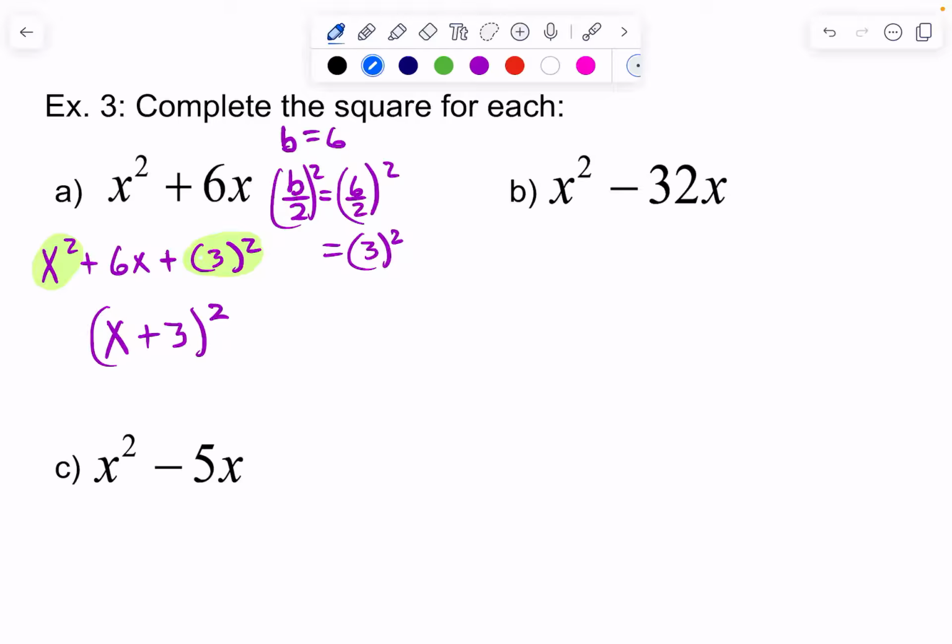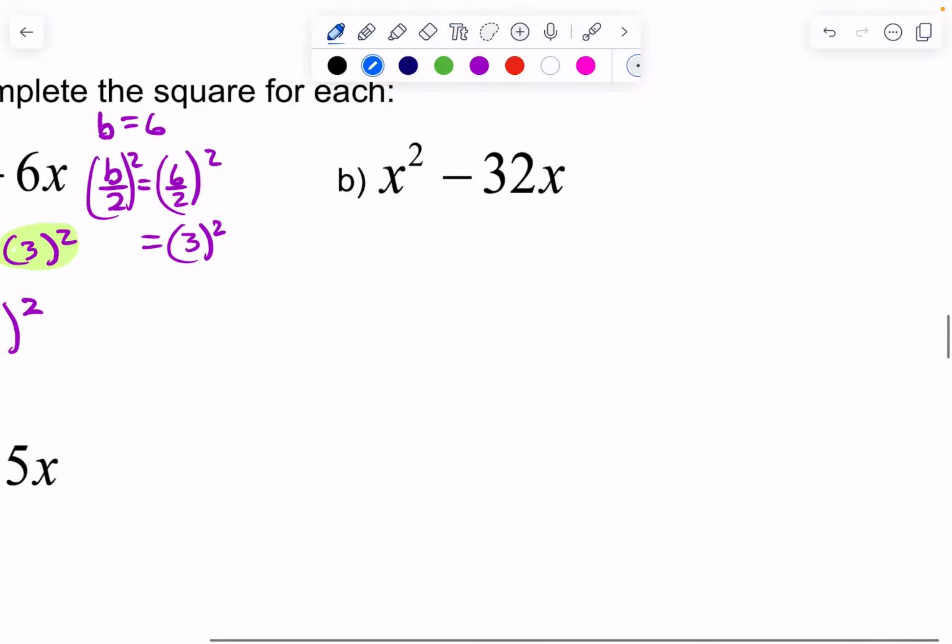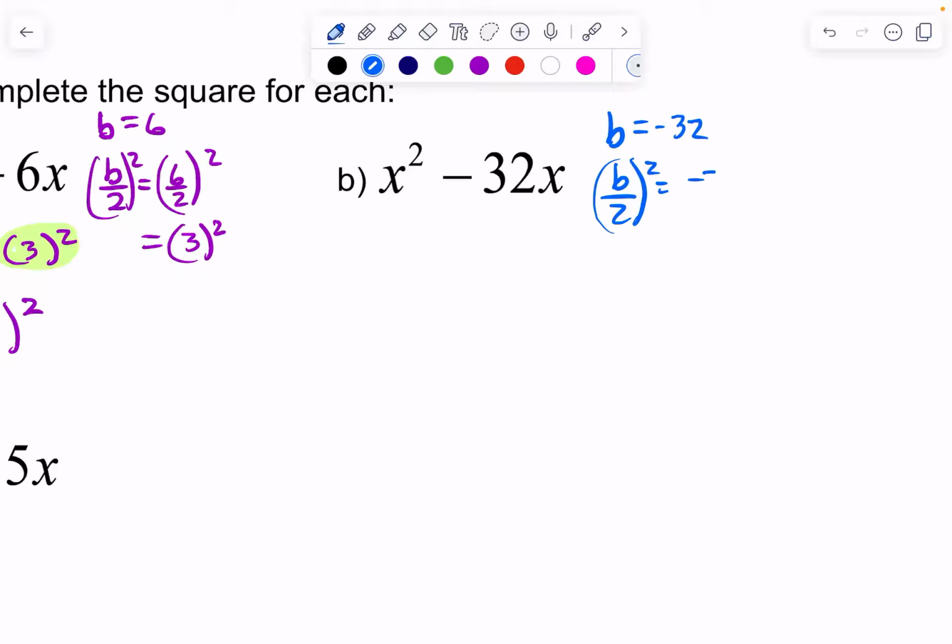Next, the b in this case is negative 32. Let's calculate (b/2)². Negative 32 over 2 equals negative 16, squared. Now we add that (b/2)² to x² - 32x.